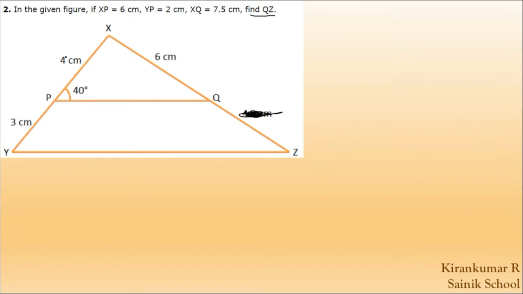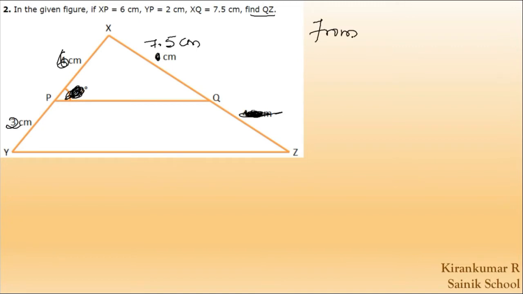XP is 6 cm, it's a different figure, 6 cm. XQ is 7.5 cm. This angle is not given. YP is 2 cm.